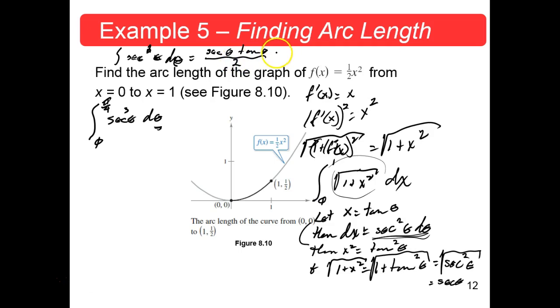And then we have a plus, and the coefficient outside the integral is n minus 2, which is 1, over n minus 1, which is 2, times the integral, same limits, 0 to pi fourths, of secant to the n minus 2, and that is 1 secant theta d theta.